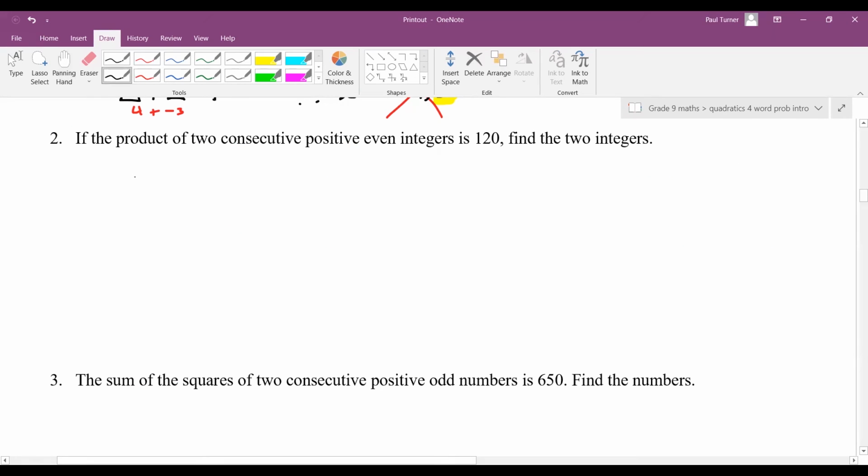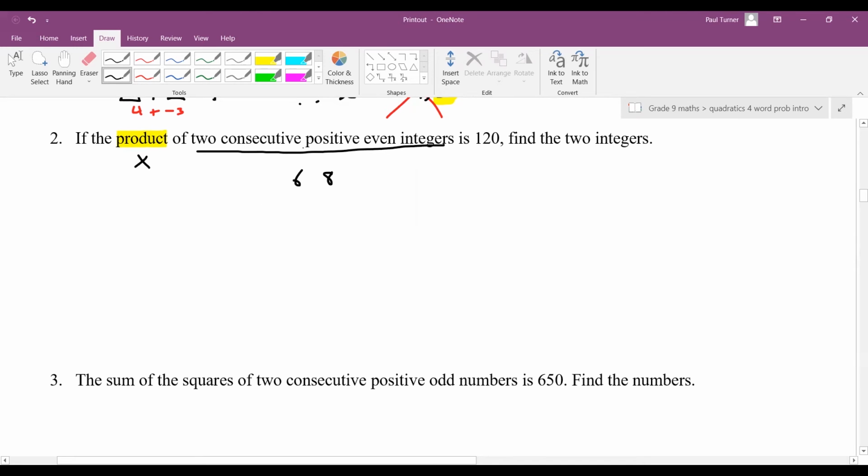Okay, so what do we got here? If the product, keyword product, so we have a multiply of 2 consecutive positive even integers. So for example, your answer could be 6 and 8.